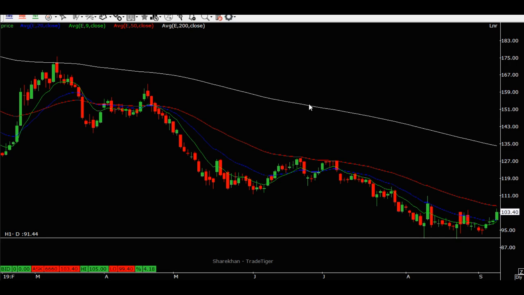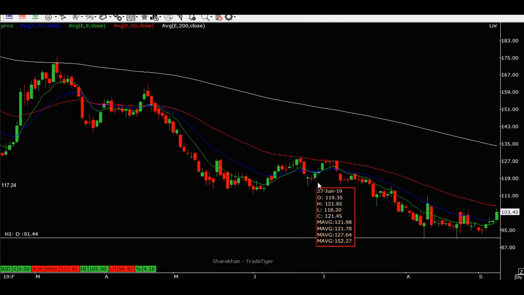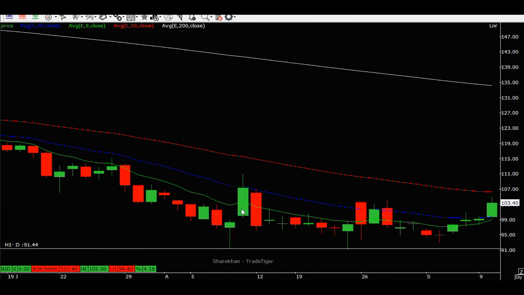Okay, now as I said, moving averages also act as support and resistance. So we're on the daily time frame, guys, means each candle represents one day, right? Like 26 June, then 27 June, and so on. Means whatever happened for that particular trading day from 9:15 to 3:30 is represented in that single candle.